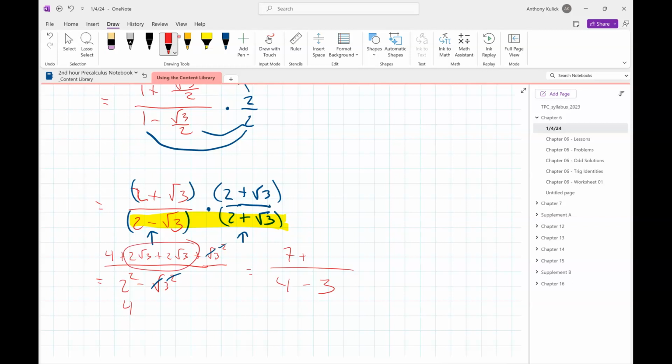Those are like terms. 2 root 3 plus 2 root 3 is how many root 3s? 4 root 3s. So that just becomes 1 down there, and I'm just going to drop it. So 7 plus 4 root 3. Everybody feel okay there?